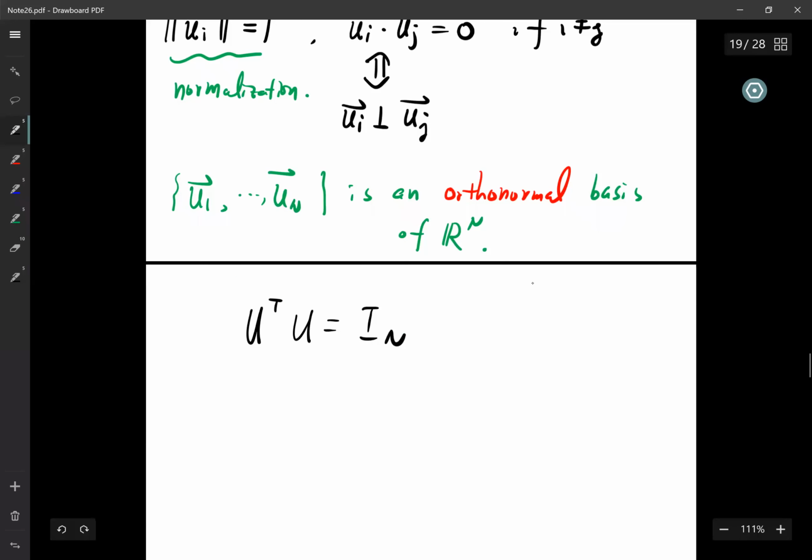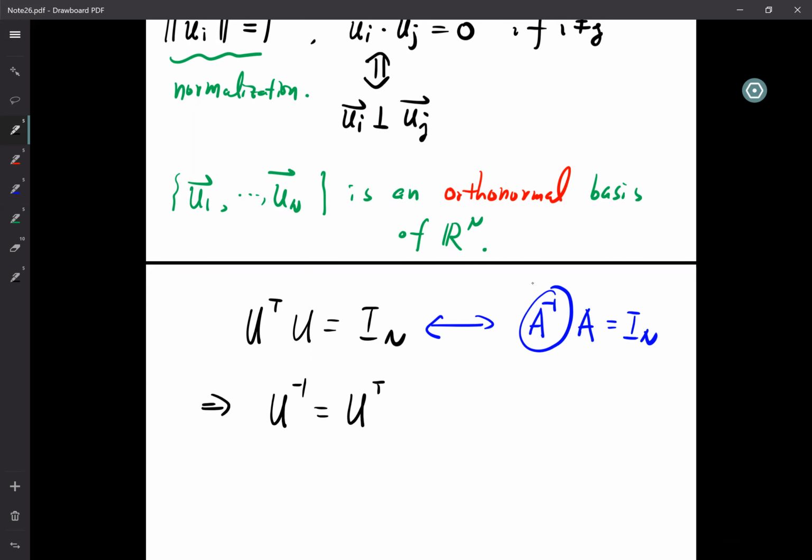So inverse is like if there exists a matrix C such that multiply them is identity, I can call this one A inverse. Now you see, this is exactly of the same form. Therefore, for any orthogonal matrix, U inverse is just its transpose.